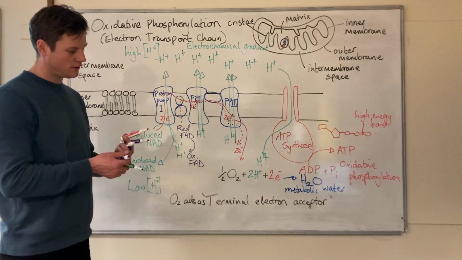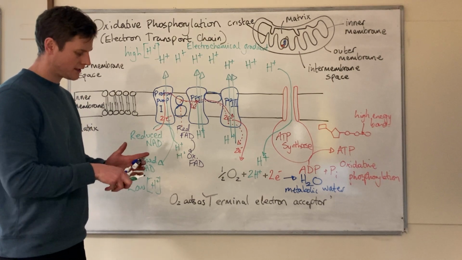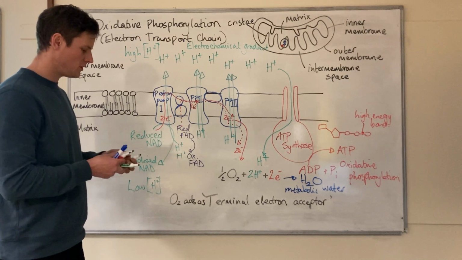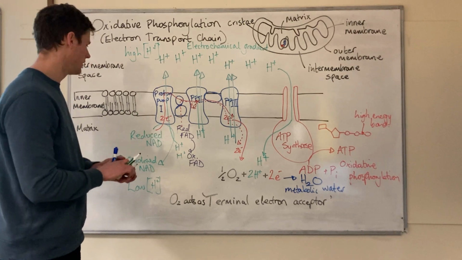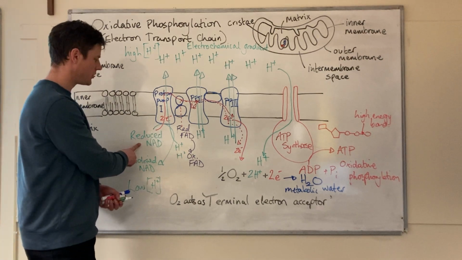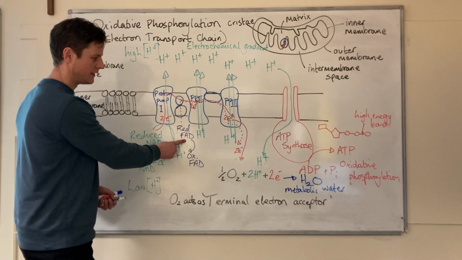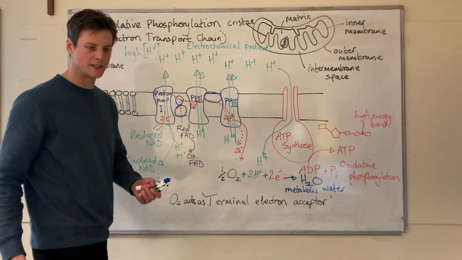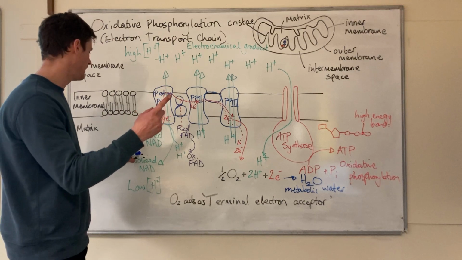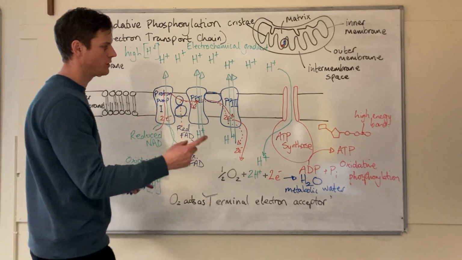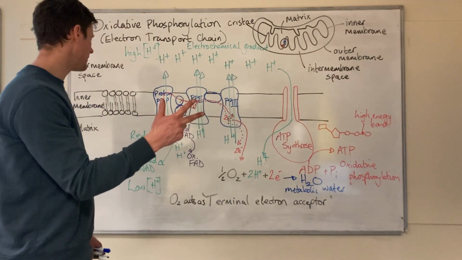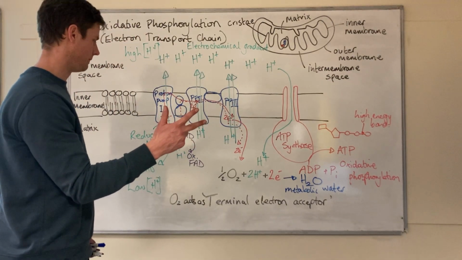In some textbooks, even in some of the older exam questions, you will see a value given for the amount of ATP that can be produced from reduced NAD and reduced FAD. It's often said, or it used to be, that one reduced NAD could produce 3 ATPs in oxidative phosphorylation.